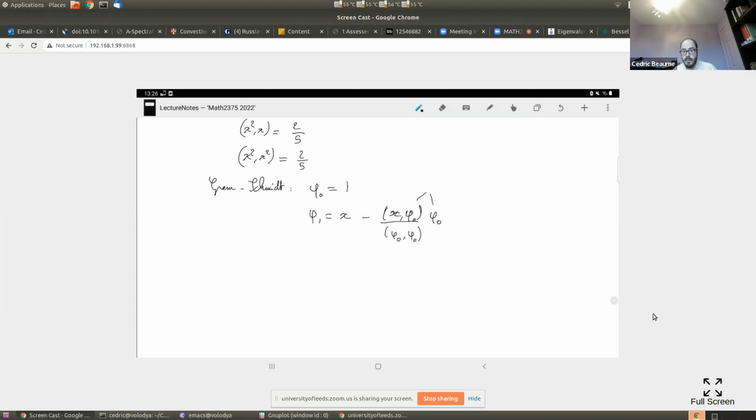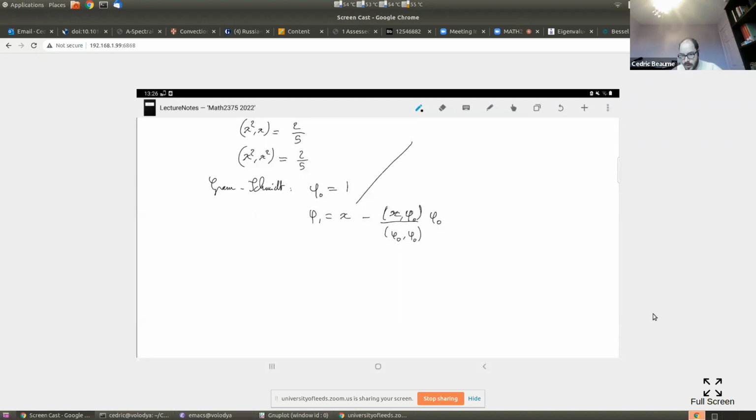What we've done essentially is we took x, and it's got some projection on 1 because of the definition of our inner product. It's more complicated than if the inner product was just 1, in which case there wouldn't necessarily be a projection. But there is a projection, and we want to get rid of it, so we need to subtract it from this x.